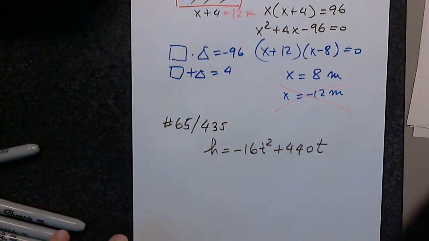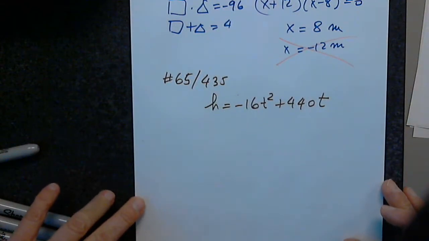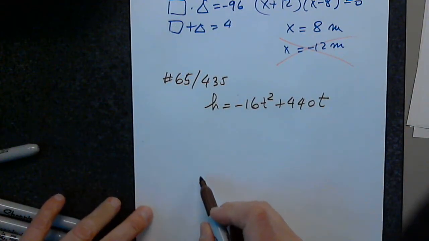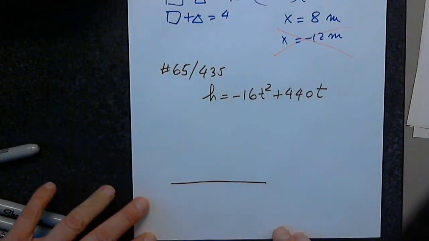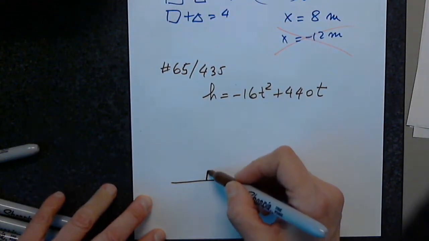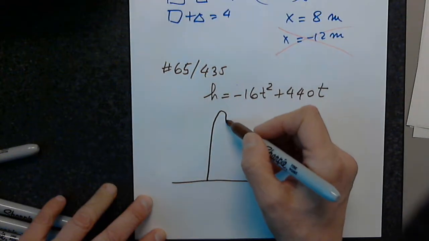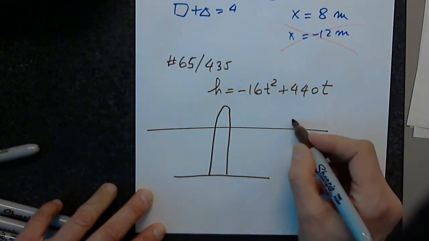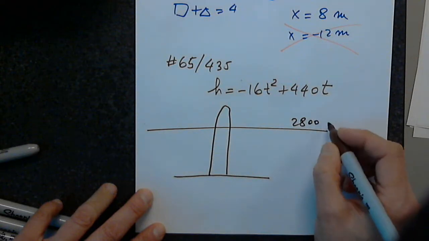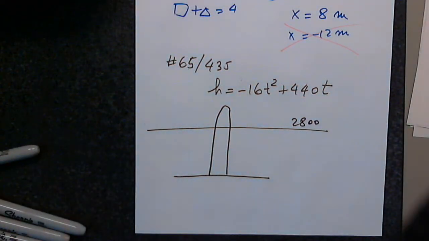Okay, so here's what happens. Here's the ground level, and here's the rocket. It goes up in the air, and then it comes down to the ground. Somewhere here, 2,800, and the measurement unit was feet.